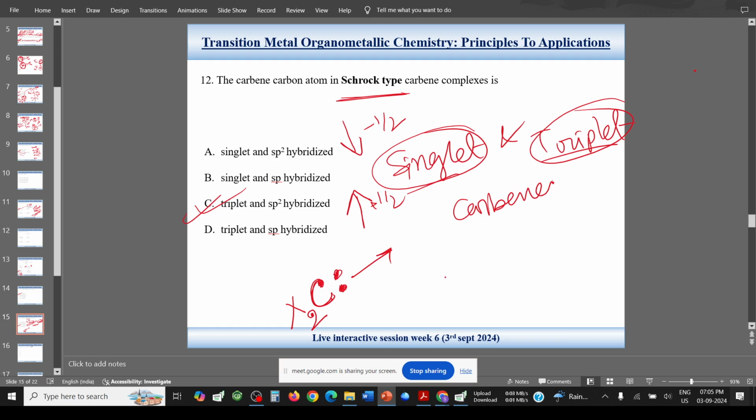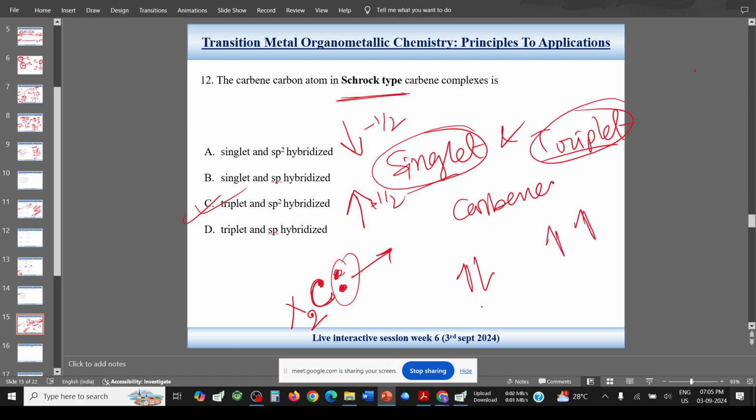So in the singlet state, these two electrons will be paired up, and in the triplet state these two electrons will be unpaired.